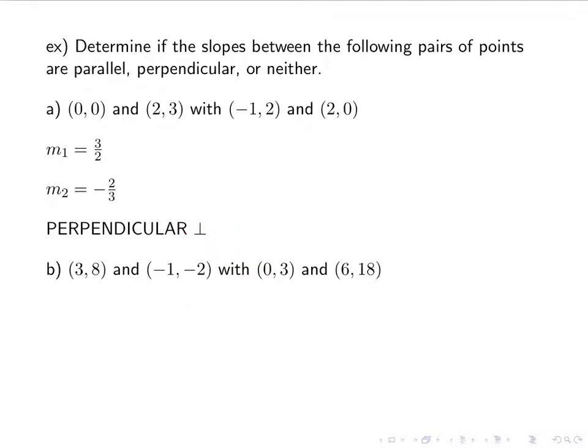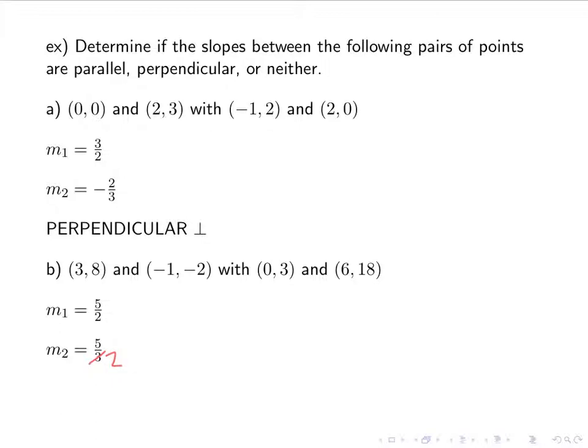So let's try it with (3, 8) and (-1, -2), along with (0, 3) and (6, 18). Again, I'm going to find the slope of the first one, and I get 5/2. And then I'm going to find the slope of the second one, and again, I've got an error in here. I wrote that it's 5/3, but it should be 5/2.